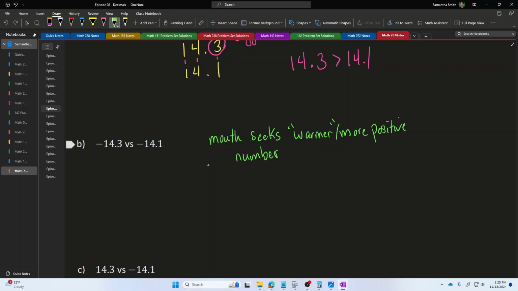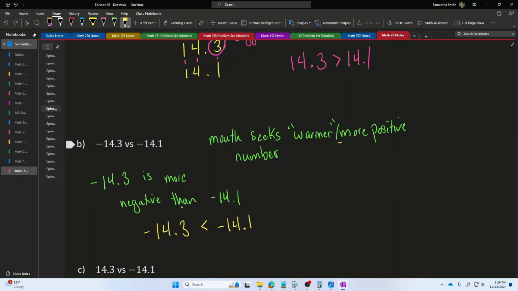So even though 14.3 is bigger than 14.1, because they have minus signs attached, negative 14.3 is more negative than negative 14.1. So the alligator mouth is going to seek out the other number. In this case, the alligator mouth is going to seek out negative 14.1 because negative 14.1 is more positive than negative 14.3. Negative 14.3 is more negative, so the mouth will move away from that value.